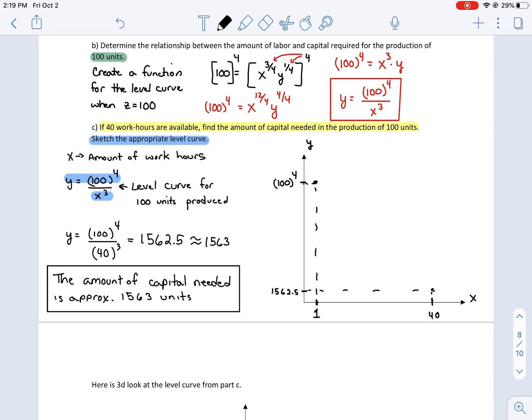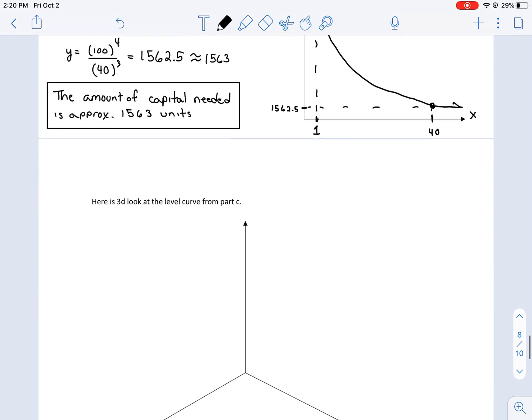And if we take a look at the level curve, x cannot equal 0, because if x equals 0, then the function will be undefined. So we're going to have a curve that looks like this. So how would this curve look in a 3D environment?